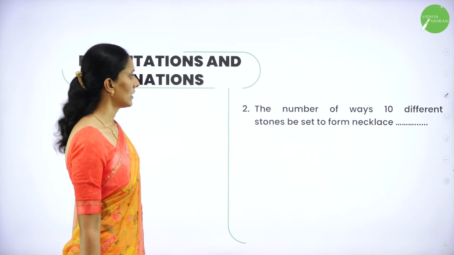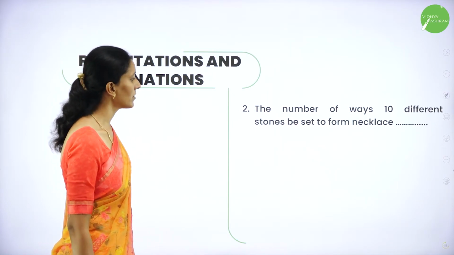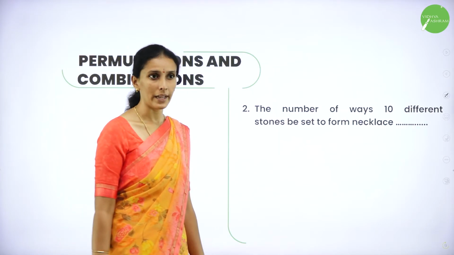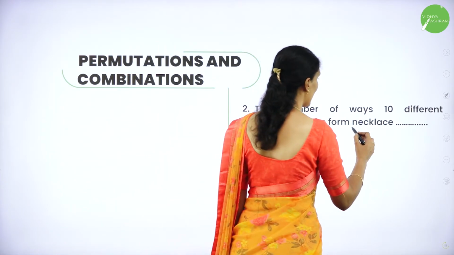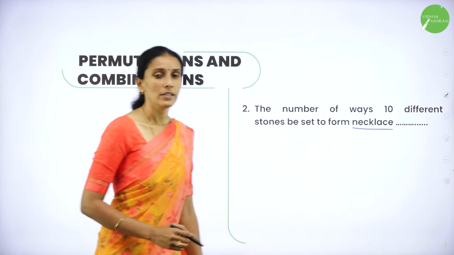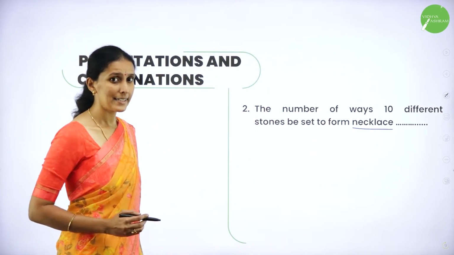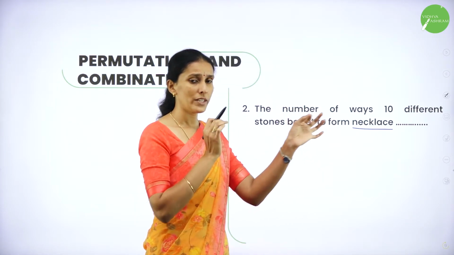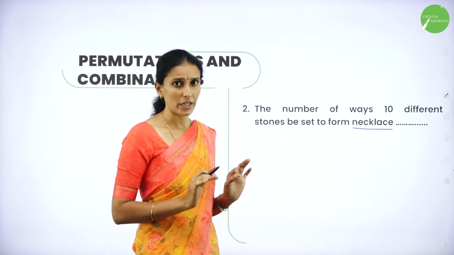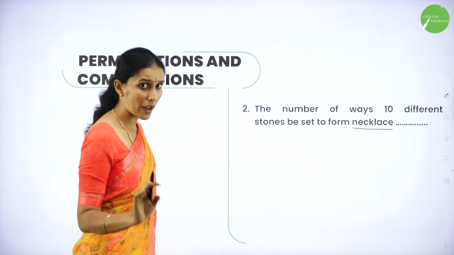Next question. The number of ways 10 different stones can be set to form a necklace. So remember the word necklace here. As I said, when you hear the word necklace or garlands, when you twist them, the order is not changed. The arrangement is considered as one arrangement.